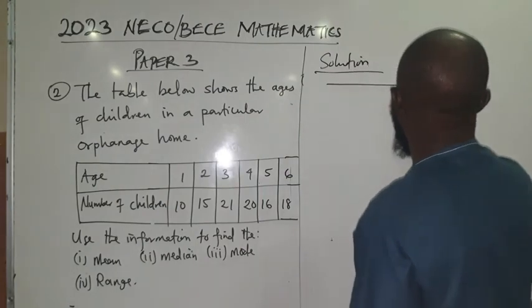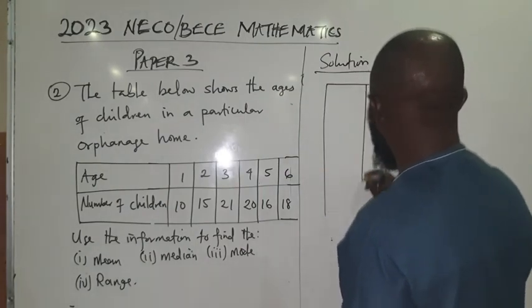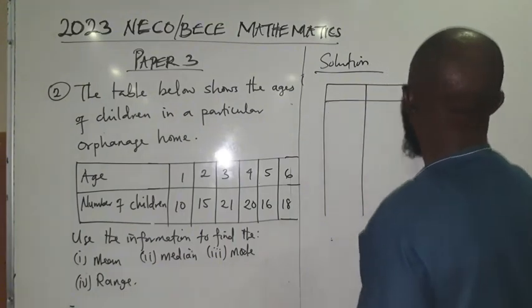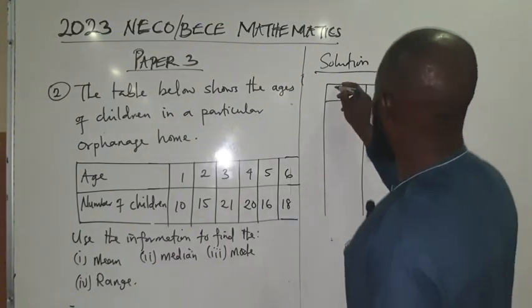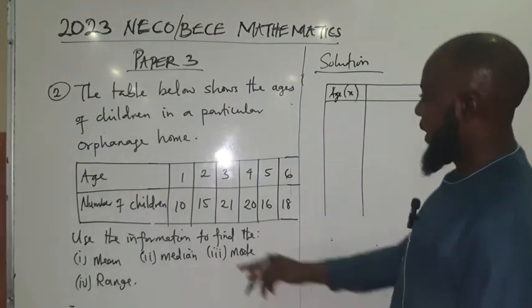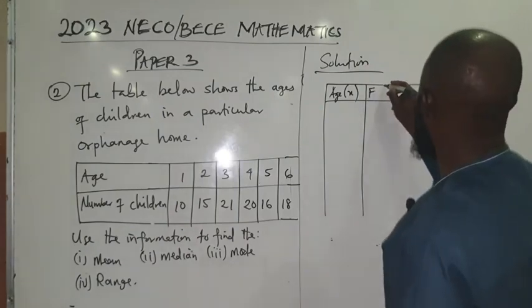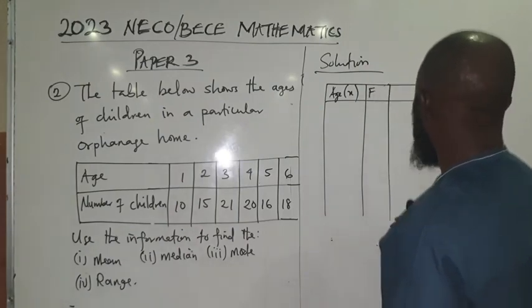We have another table here. So instead of the age, we can still put the age, then we make it x. The number of children, instead of putting number of children, we make it F, which is the frequency. I hope I'm making sense.